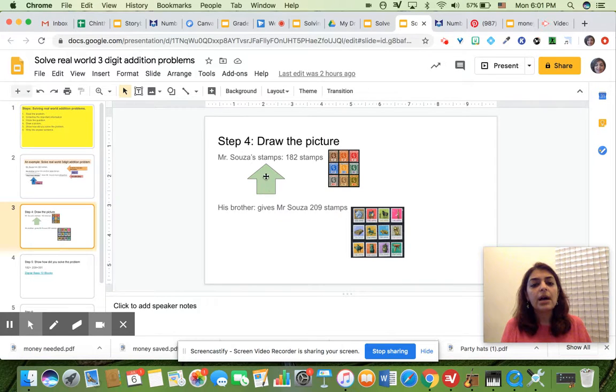But here I have drawn an arrow which helps me understand that Mr. Souza's brother is giving him some more stamps, and those number of stamps are 209. So you could draw the picture the way you understand better. So you could think that Mr. Souza has 182 stamps, and then you have to visualize that his brother is giving him 209 stamps, some more stamps.